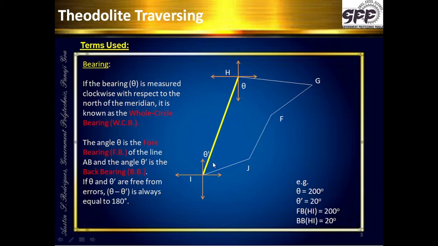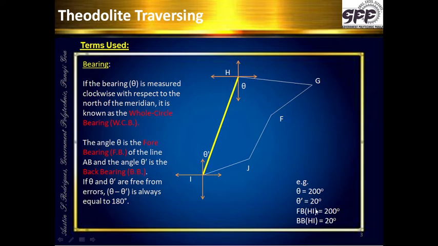Now this is one of the most important relationships which we find between the forebearing and back bearing. Most of the times it is true that we will be finding that the difference between them is 180 degrees unless otherwise there is some error. So the forebearing of the line HI is 200 degrees, the back bearing of the line HI, that is theta dash, is 20 degrees.